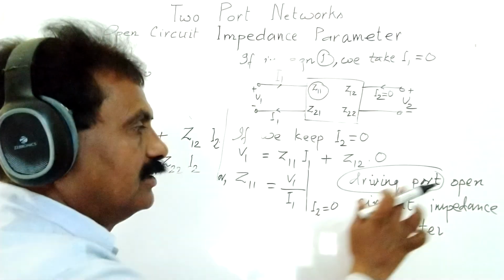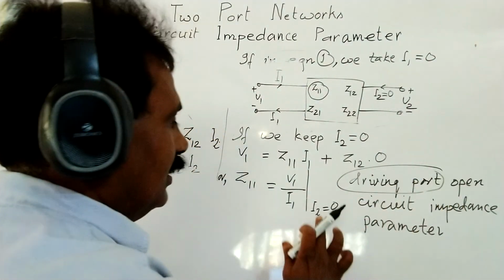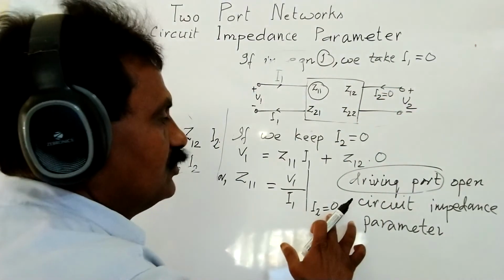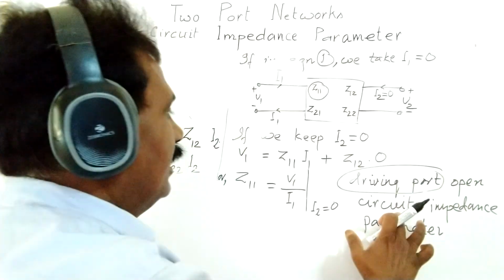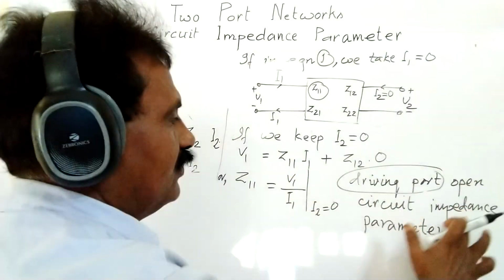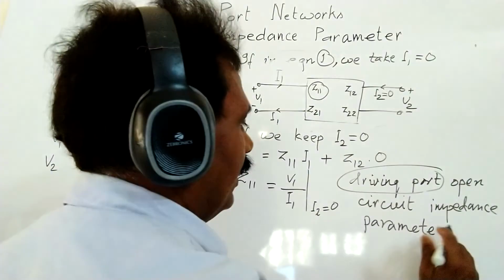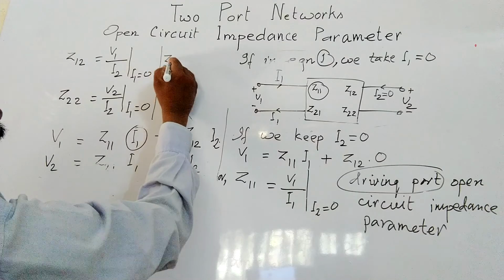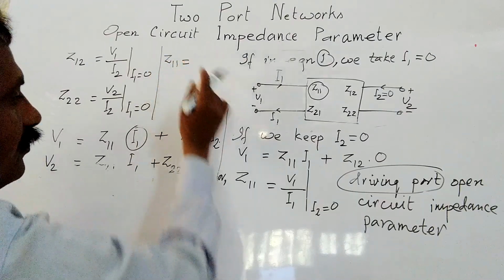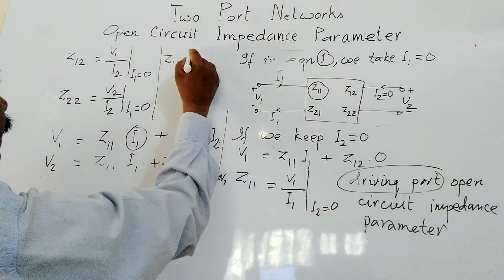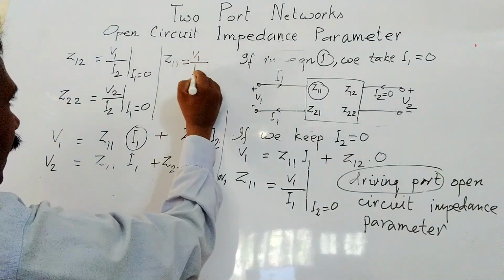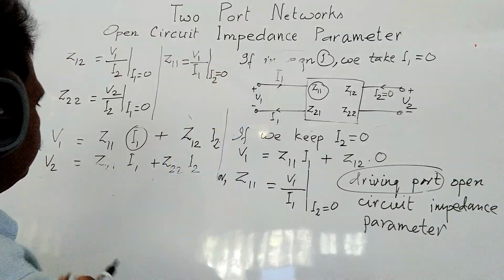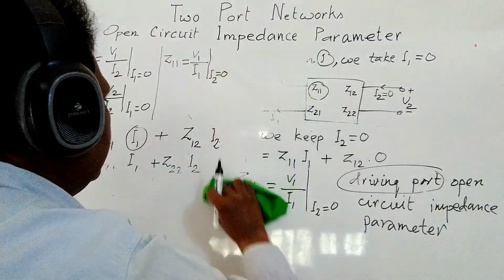Therefore, with I2 equal to 0, the second port, the output port, is open circuited, so it is open circuit, the ratio of voltage and current, therefore an impedance parameter. Then just write down the value: Z11 equal to V1 by I1 when I2 equal to 0.